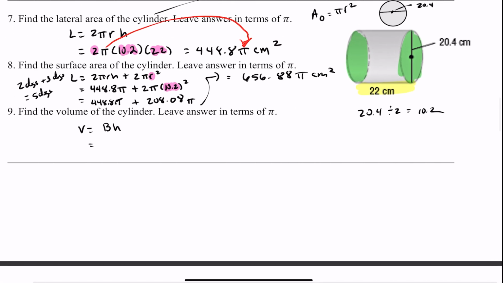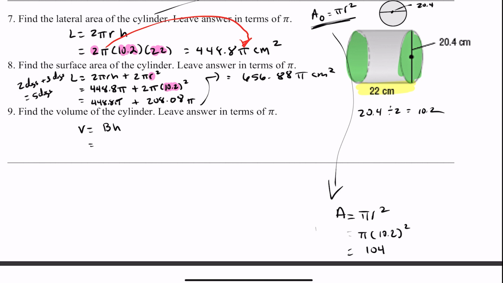The area of the circle is pi r squared, yes? So A equals pi r squared. The radius is 10.2, squared, and you get 104.04 pi. So that's what B is, 104.04 pi.